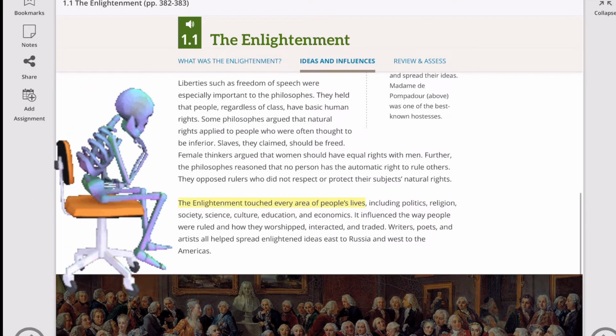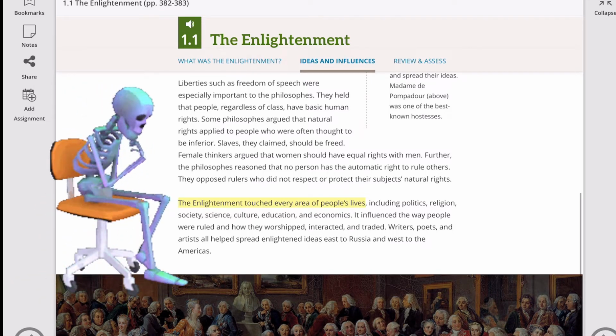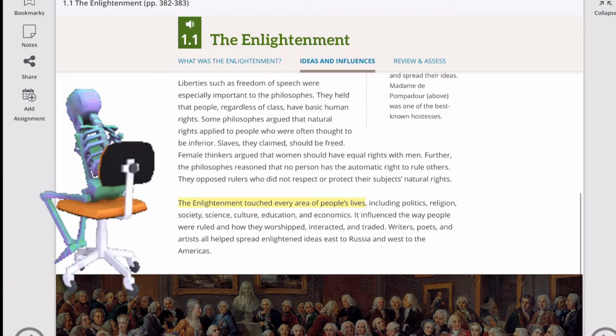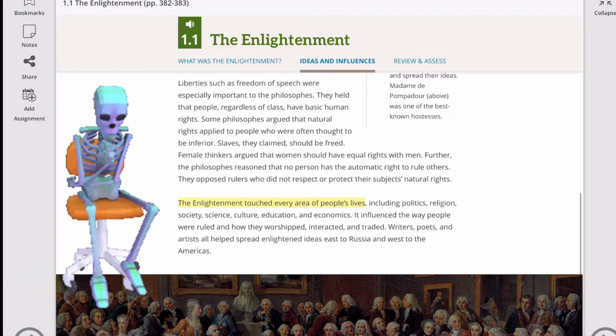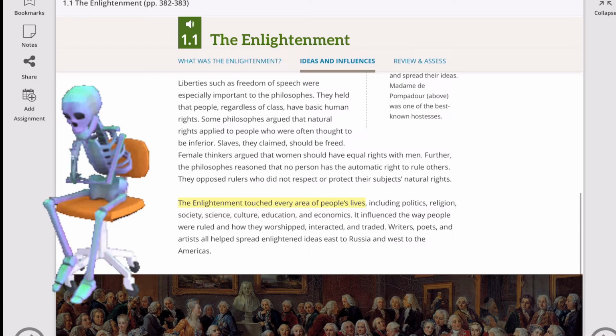Education, what's the best way to learn, the process, the method, and economics, it's about the management of the resources in the society for the benefit or welfare of the majority.